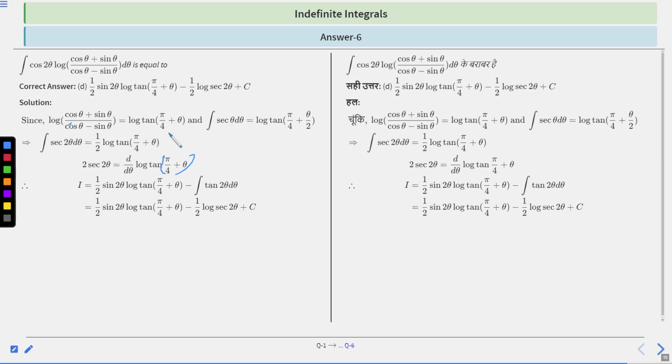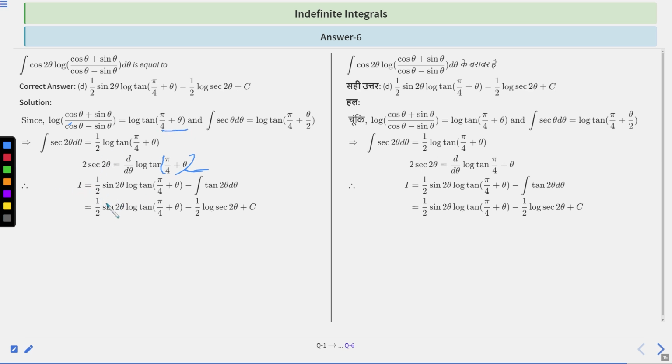Therefore, I can be written as I is equal to 1 by 2 sin 2 theta into log tan (pi by 4 plus theta) minus integration of tan 2 theta d theta. Got it? What we have done is we have applied integration by parts in this equation. Clear?